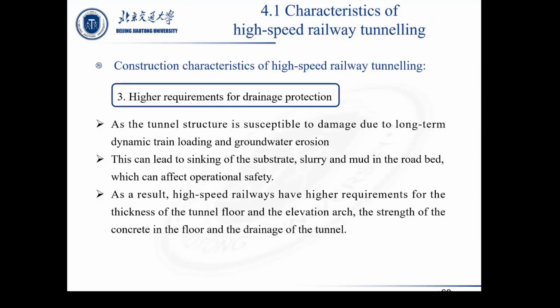As a result, high-speed railway has higher requirement for the thickness of the tunnel floor and elevation arc, and the stress of the concrete in the floor and drainage protects of the tunnel.